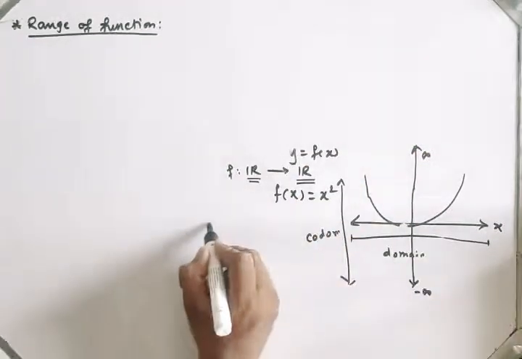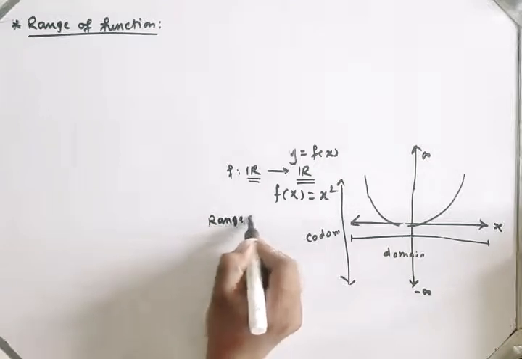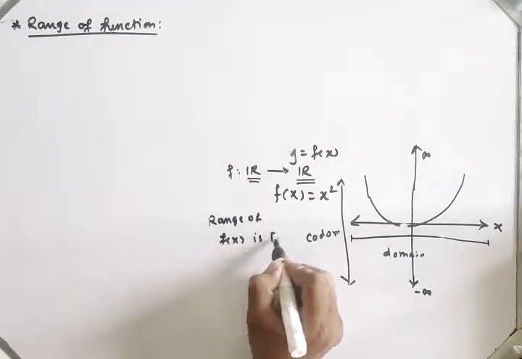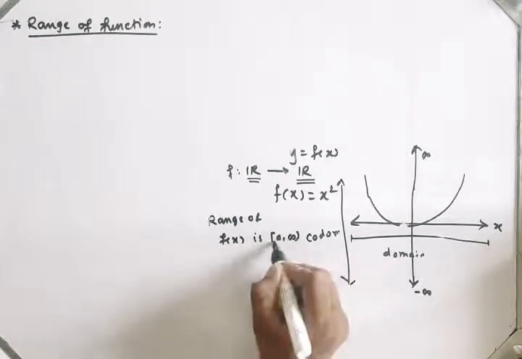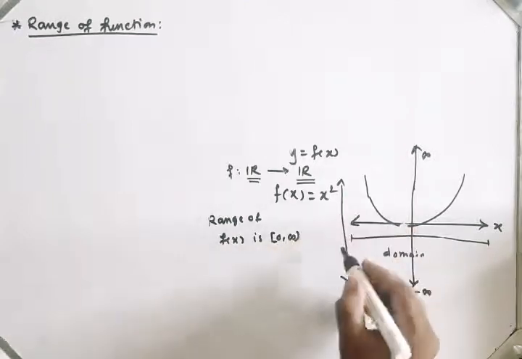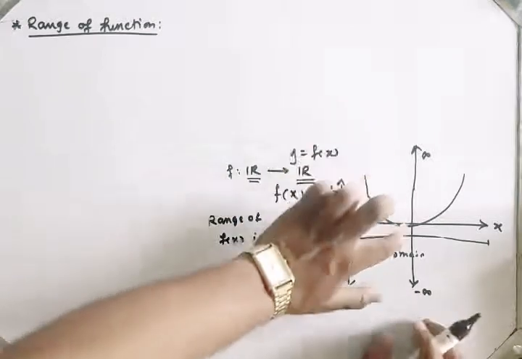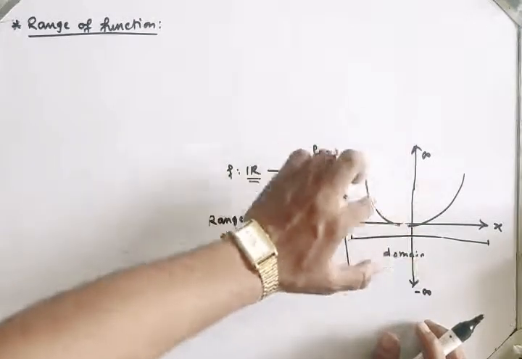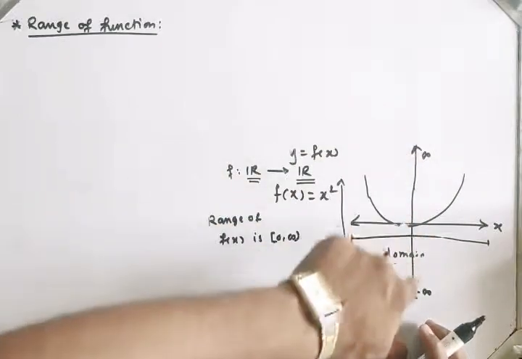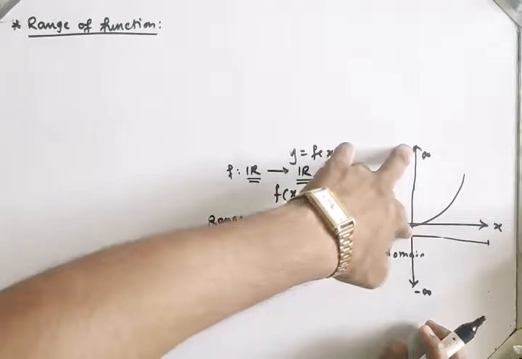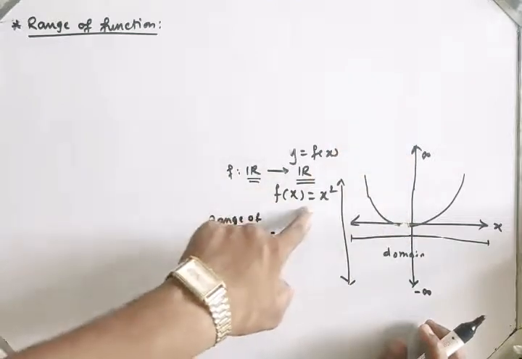So the range of function f of x is 0 to infinity, right? Where the graph lies on the y-axis, from 0 to infinity, is the range of that given function.